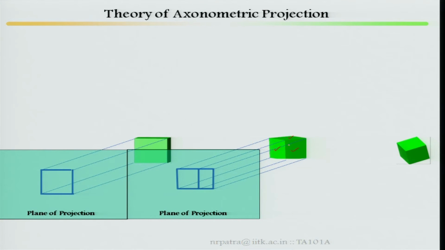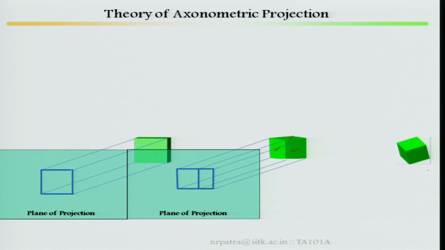Now again, there are 3 distinct cases, try to understand. This is a simple object, it has been viewed from one side or one face. Then the same object has been rotated slightly with respect to the vertical axis. Then here with respect to the profile plane or side view it has been rotated.